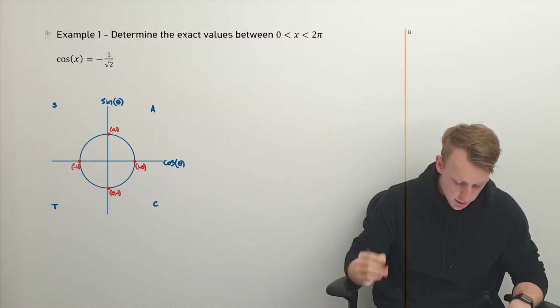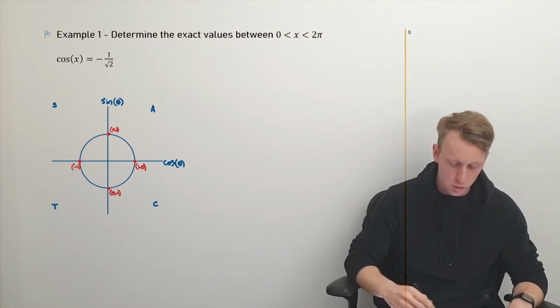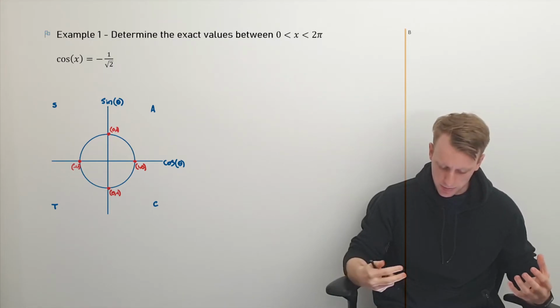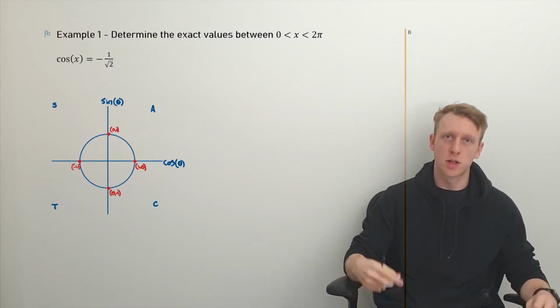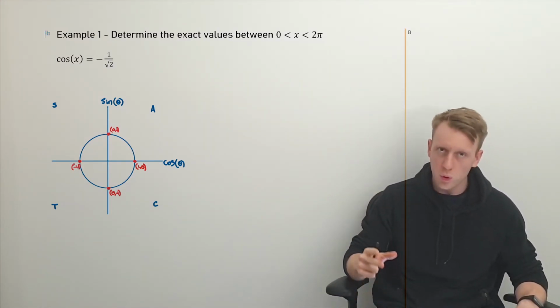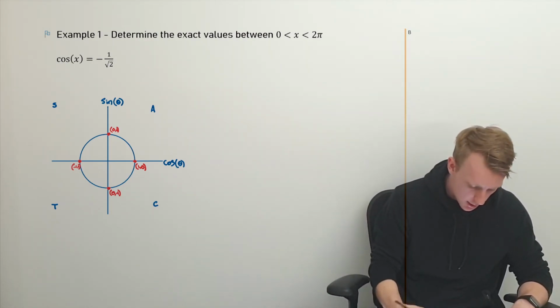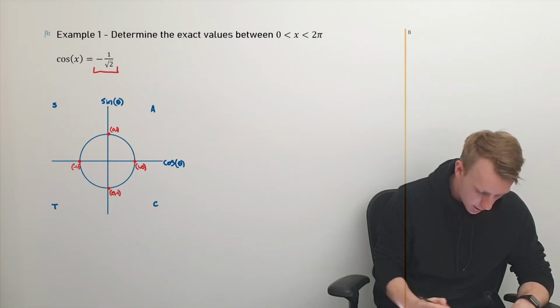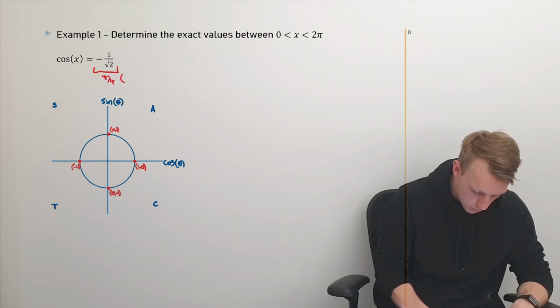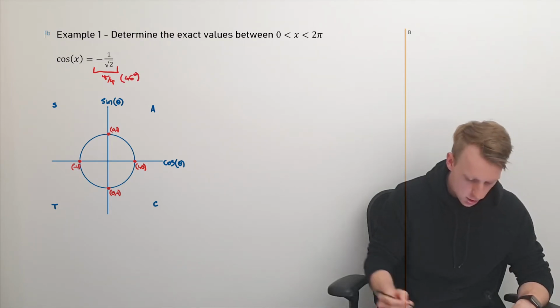We've got cos is equal to -1 on root 2. And I want to know, again, between 0 and 2 pi here. So I know there's going to be two angle values here. Just immediately looking at that, it has got to do with my pi on 4, in other words, my 45-degree triangle.